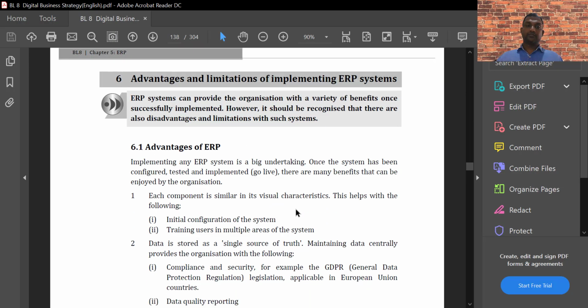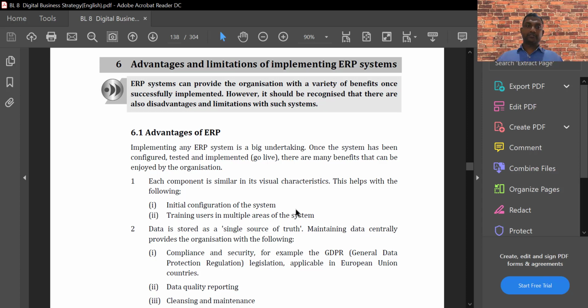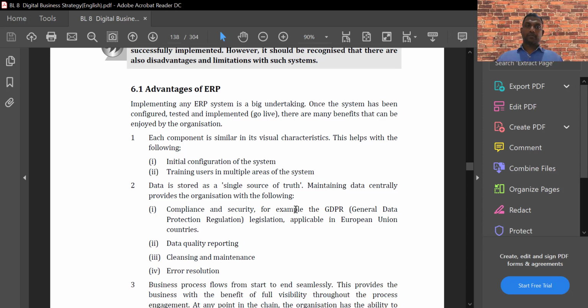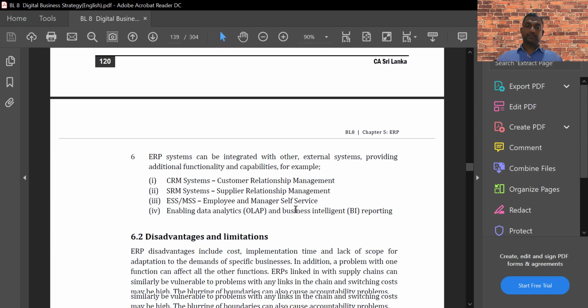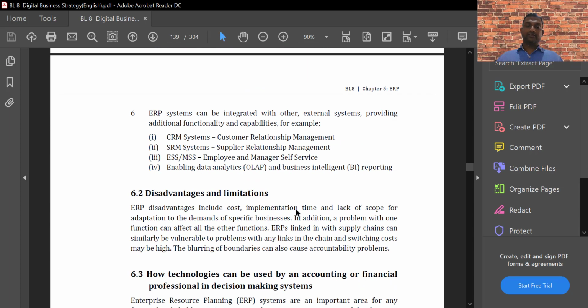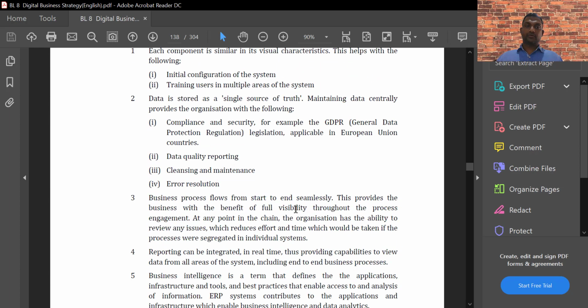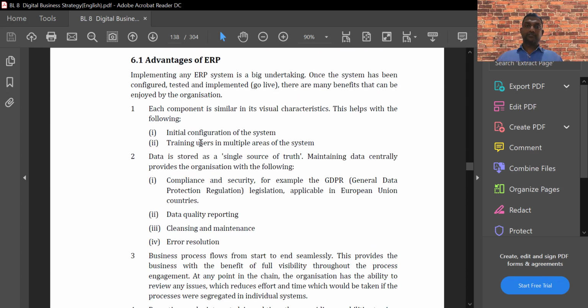So in chapter 5, in the 6th section, there is a list of advantages and an explanation of some of the disadvantages. So let's first look at the advantages to get this understood clearly. One of the advantages is each component is similar in its visual characteristics.